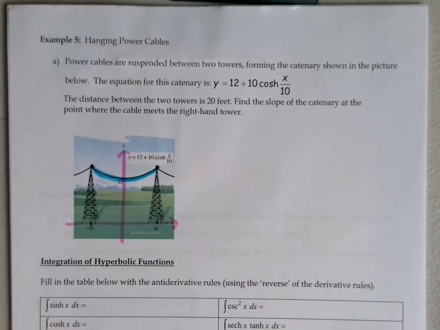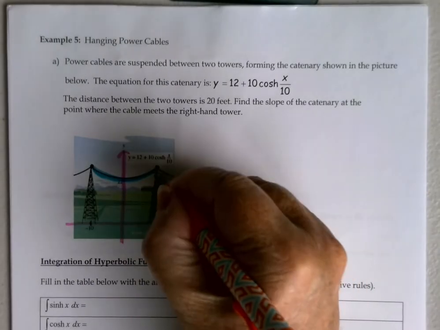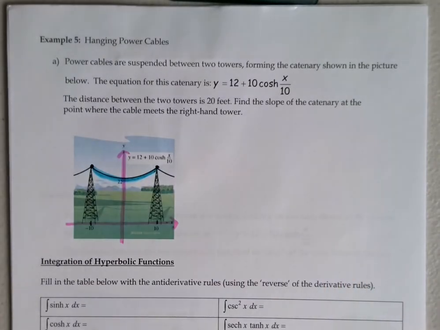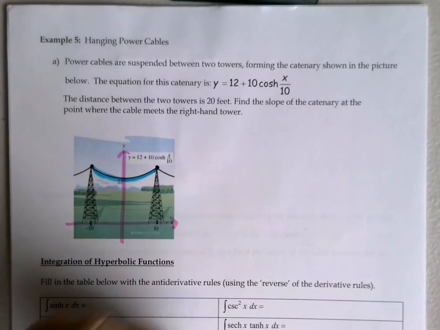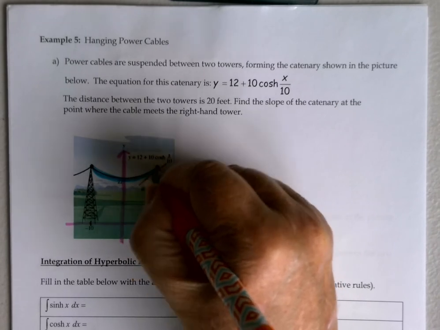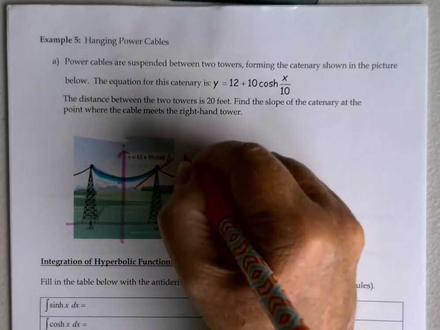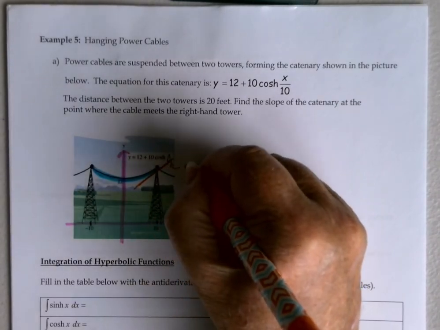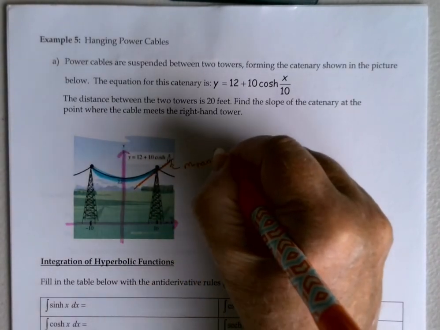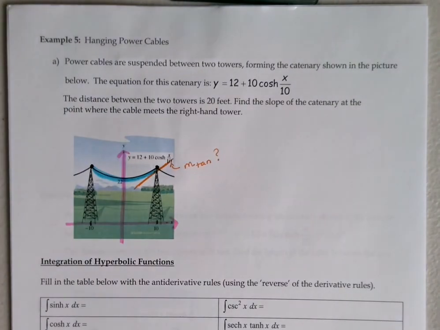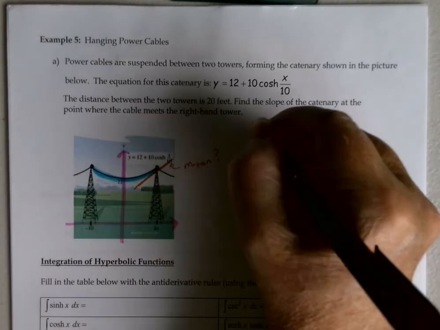Ultimately, my goal is to figure out the slope of the tangent line to that catenary, right here where it meets this tower. So I could sketch in the tangent line, and I want the slope of that tangent line. It's what we sometimes call the slope of the curve, but it's really the slope of the tangent. Well, we know the slope of the tangent is simply the derivative.